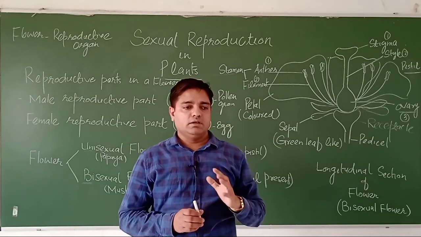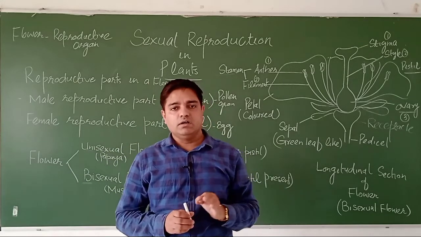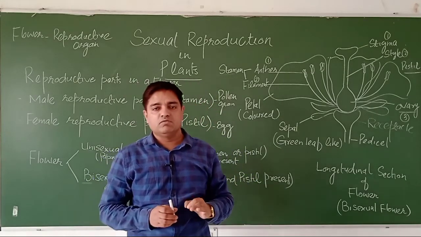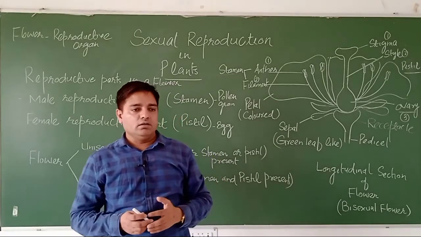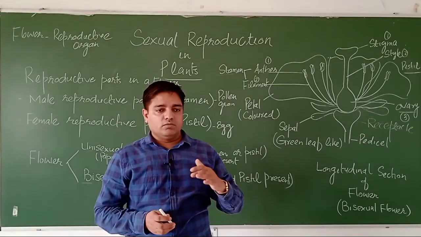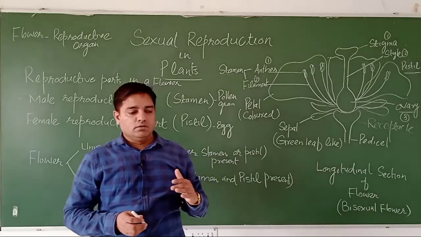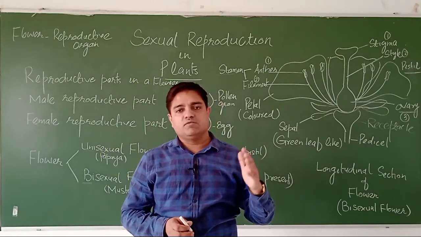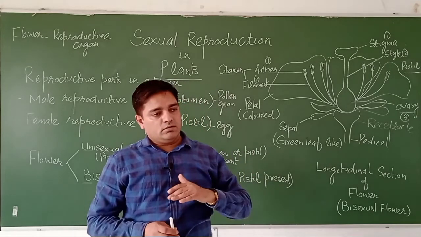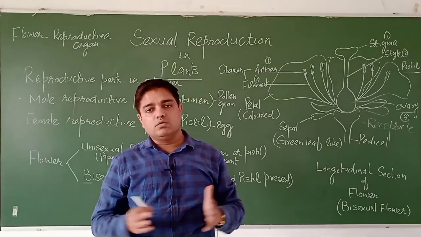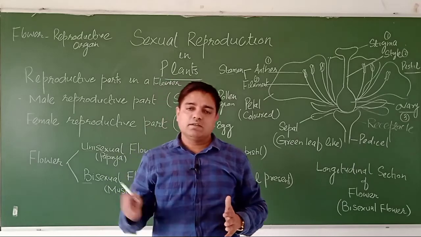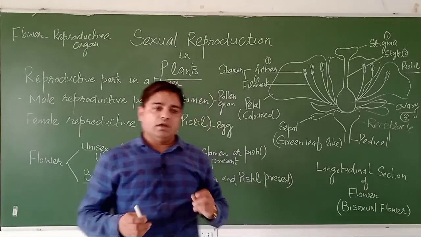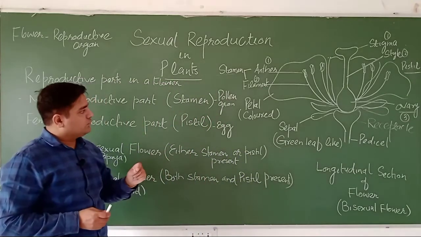It means the flower is the only part responsible for sexual reproduction. For some time any plant grows vegetatively, like the stem, the leaves and the roots grow, and this phase is known as the vegetative phase.